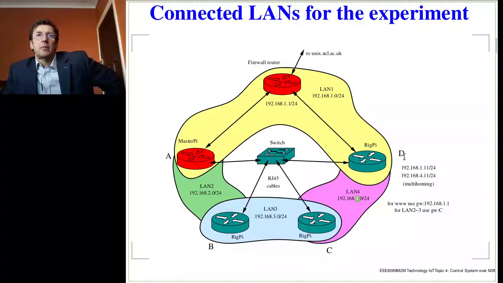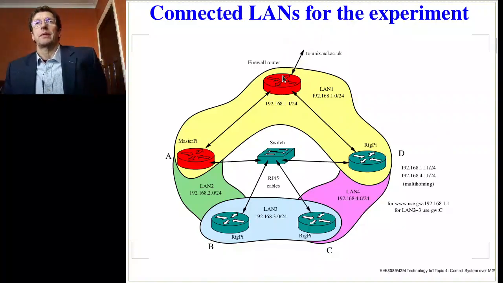There is some node for this device D, you see, so I put it here. For triple W, what is triple W? World Wide Web, where is it? It's over there. Yeah. We need to go into this World Wide Web through this router.